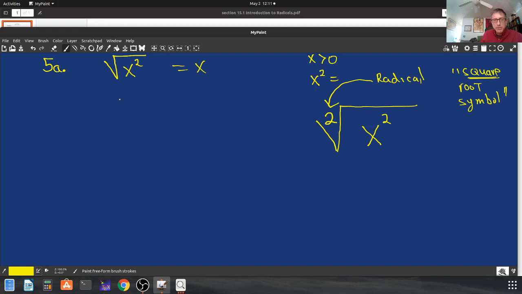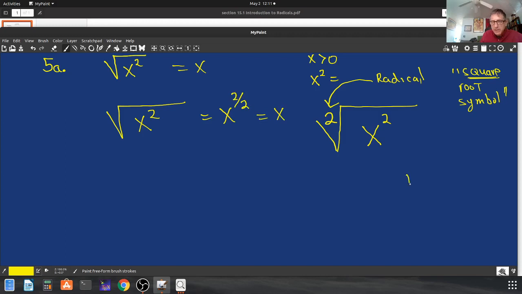So what we do is when we have a number squared, and we're assuming that the number is positive, and we know the index is 2, the answer is what's under the radical divided by the index.